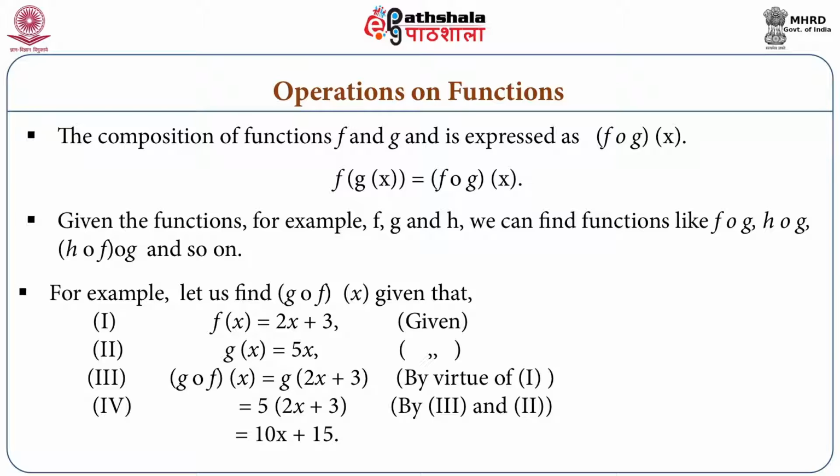Then on the right hand side, by step number 3 and step number 2, we can derive 5 of 2x plus 3. Ultimately, what we get is 10x plus 15. So coming back, you see, given a function, we can generate more and more functions, and a function is to help us pick a unique value.